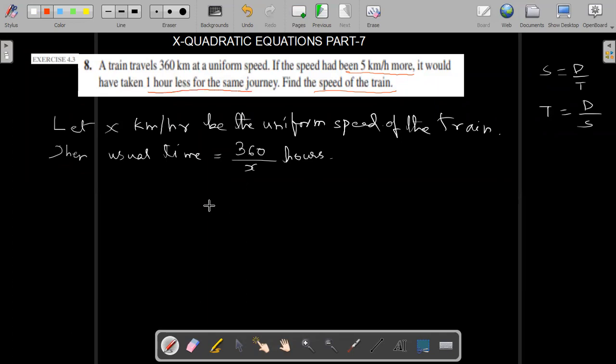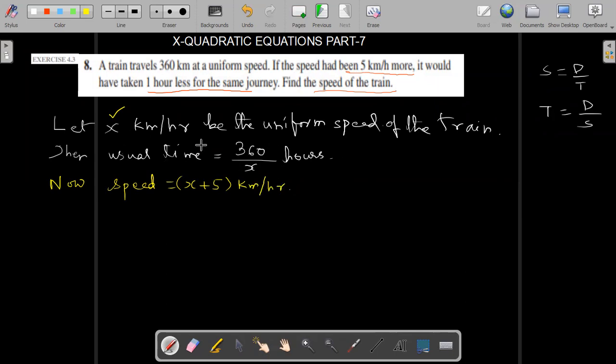Now the speed is increased by 5 kilometers per hour. It was x, now it becomes x plus 5 kilometers per hour.